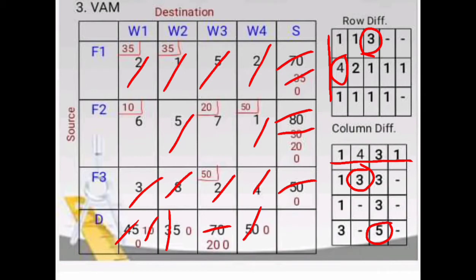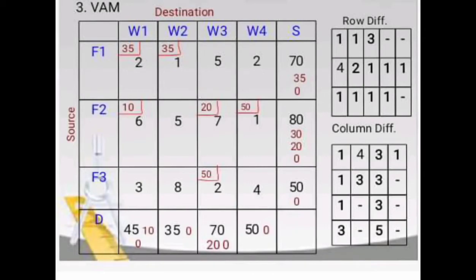Because the demand has been satisfied, we cancel out this cell. The remaining is 7. From the supply, we have 20, and the demand is also 20. So we allocate 20 here and cancel out both demand and supply. Then the supply and the demand have all been satisfied.